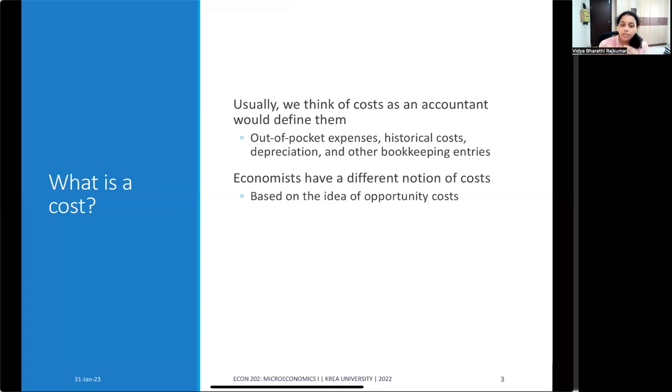So, this opportunity that is foregone is called opportunity costs. Economists have this way of thinking about different resources that are used in production in terms of their opportunity costs. And that's why we're learning of this distinction right in the beginning of the chapter.